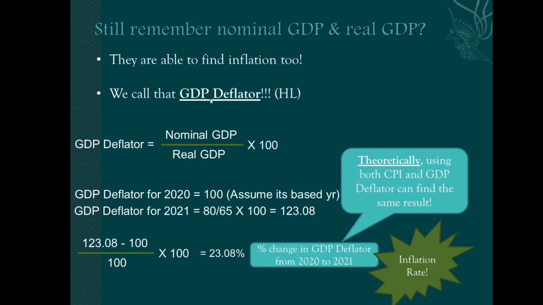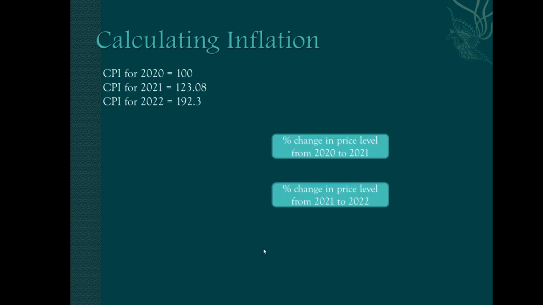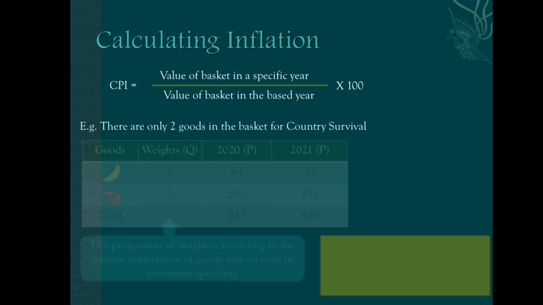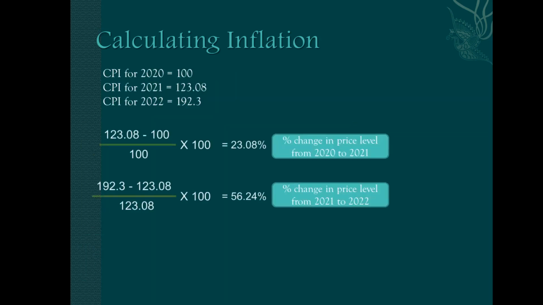If we are using the GDP deflator from 2020 to 2021, this is the inflation rate that we have found. And if we are also using another indicator, the CPI, right here, we are also able to find the same inflation rate.